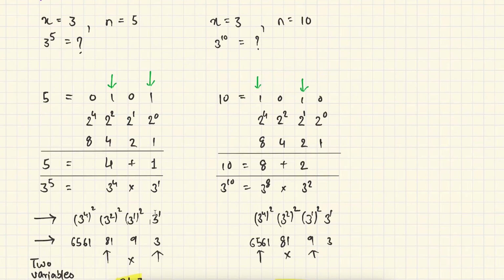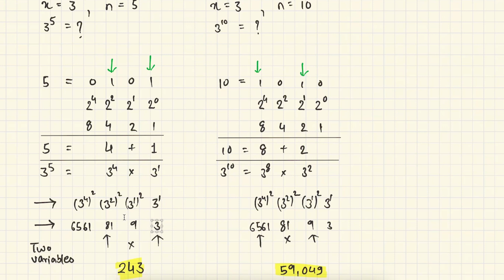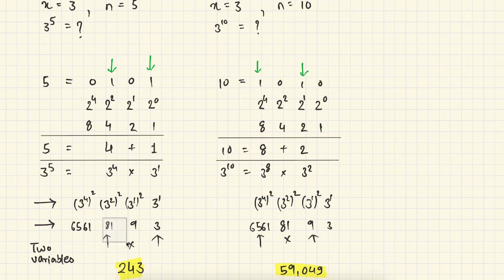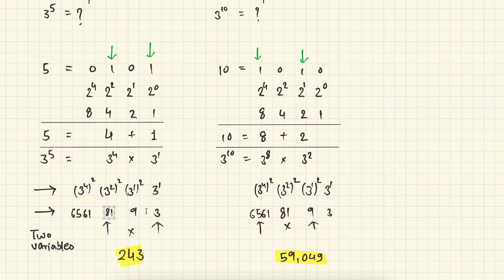So the value of the first bit is going to be 3, the value of the second bit is going to be 9, the value of the third bit is going to be 81, and the value of the fourth bit is going to be 6561, right? And we only need to consider set bits. So the values of the set bits come out to be 3 and 81, and if you multiply 81 into 3, we get our answer, that is 243, and this is actually the answer of 3 to the power 5, right?